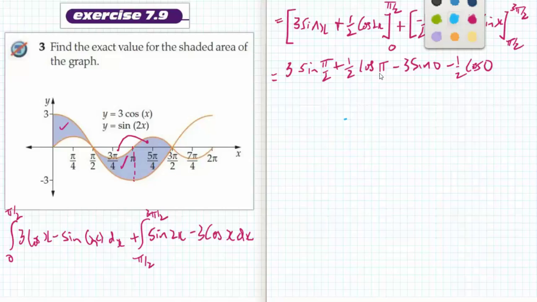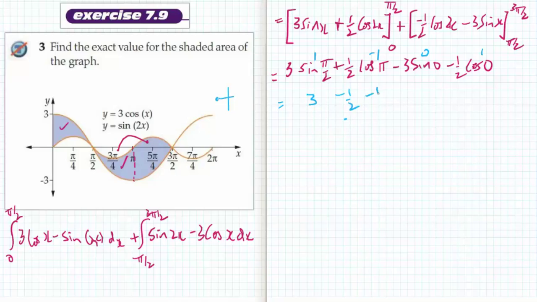And from my table, sine of pi on 2 is going to be 1. Cos of pi is over here, so that's negative 1. Sine of 0 is 0, and cos of 0 is 1. That's going to equal 3 minus a half minus a half. That's going to equal 2. So this region here is 2.